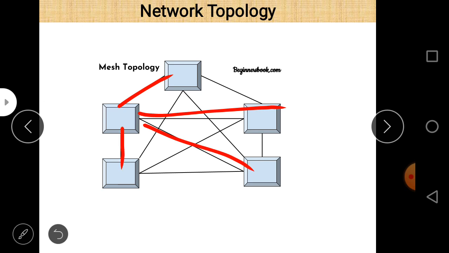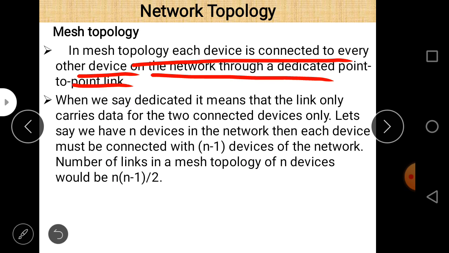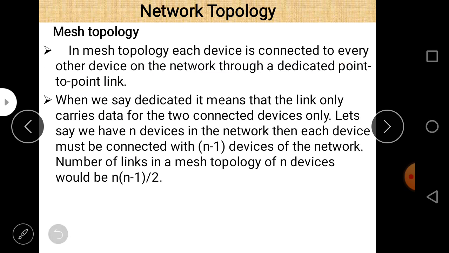So all computers or nodes are connected to each other. Now, in mesh topology, each device is connected to every other device on the network through a dedicated point-to-point link. And when we say dedicated, it means that the link only carries data for the two connected devices.